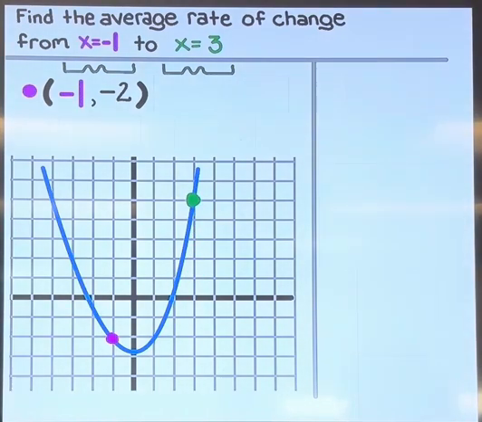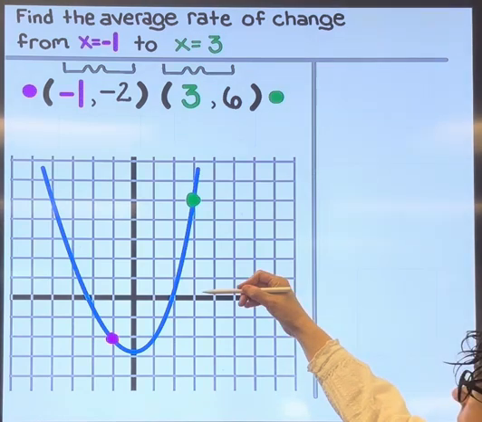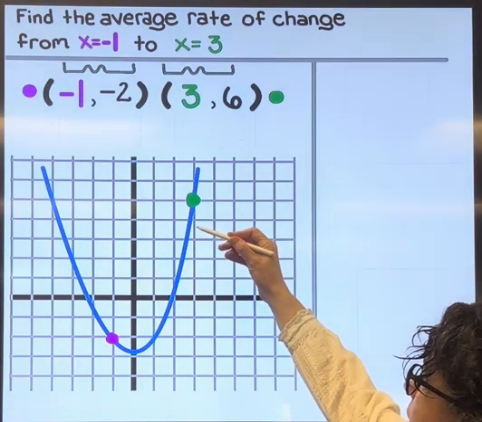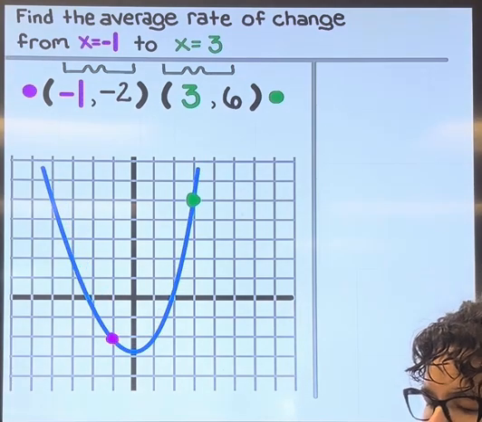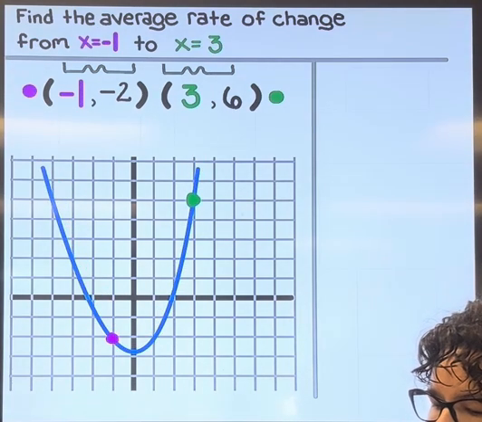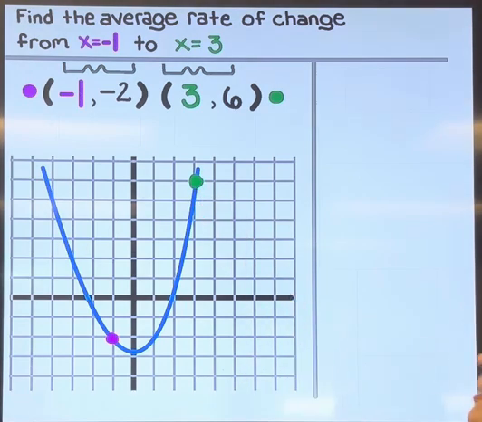So x equals 3 goes with 3, comma 6. I miscounted, I believe. This is a little bit higher. Whoops, my bad. This goes to 6. Sorry about that. There we go.